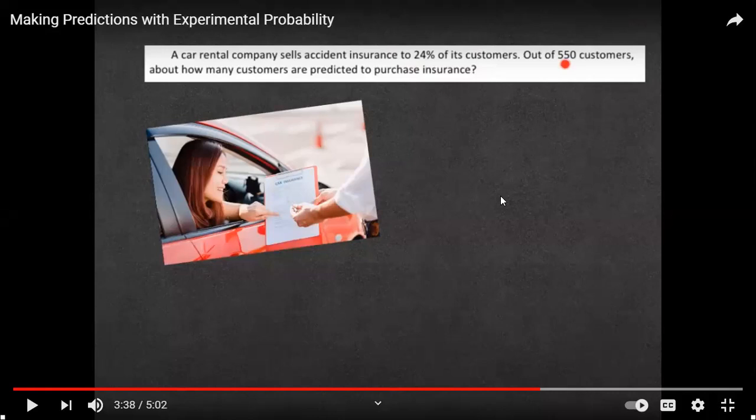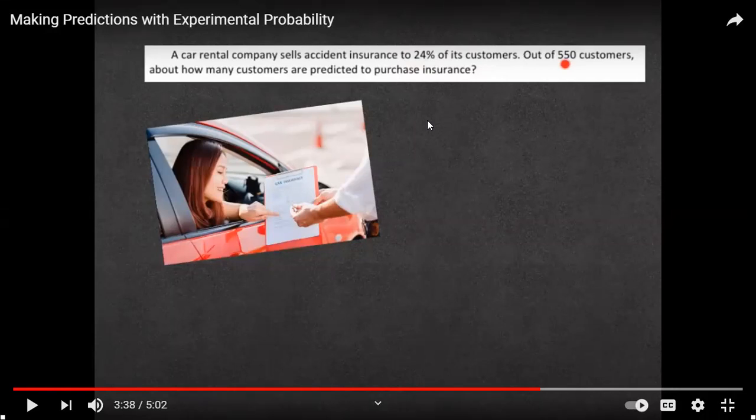24 over 550. It's 24%, Yusuf, right? Yes, 24%. Then how can we deal with 24%?